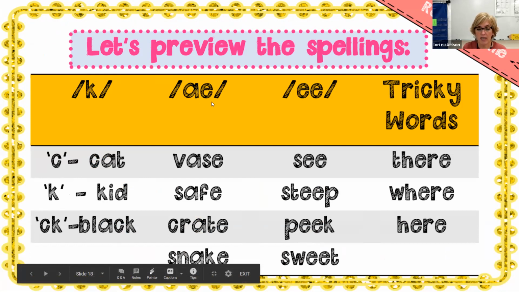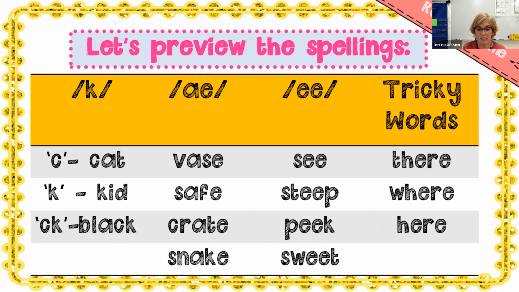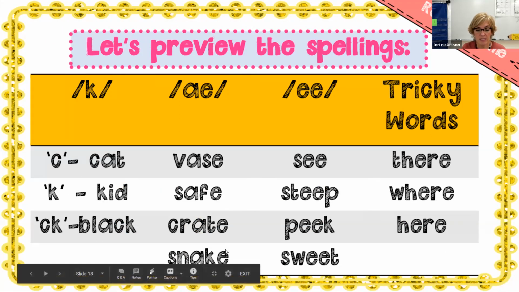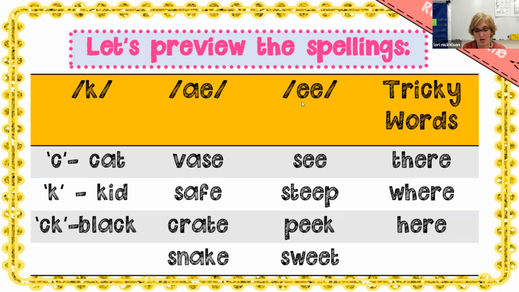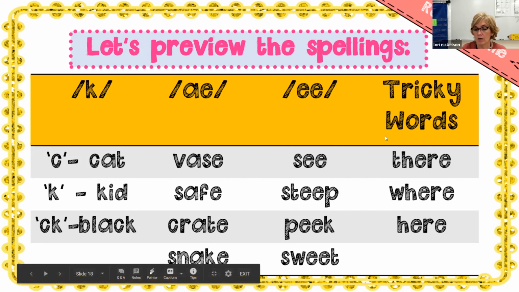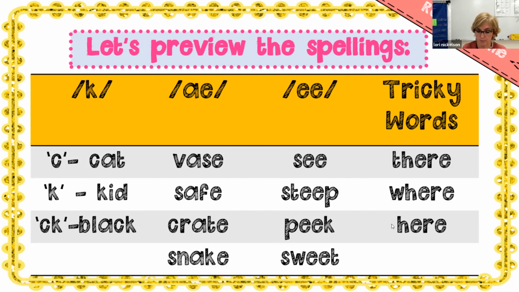Then we've got the long A sound as in vase, safe, crate, and snake. Then we have E, the double E that has the long E sound as in sea, steep, peak, and sweet. Our tricky words you're going to see are there, where, and here.